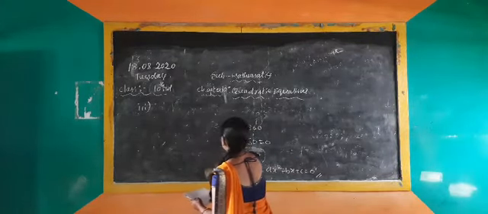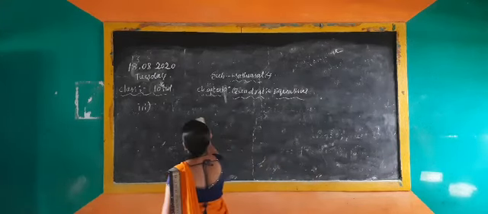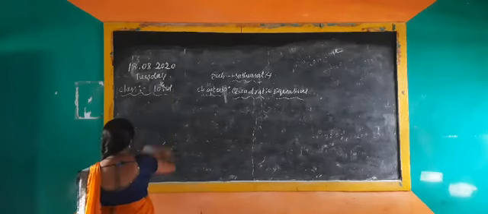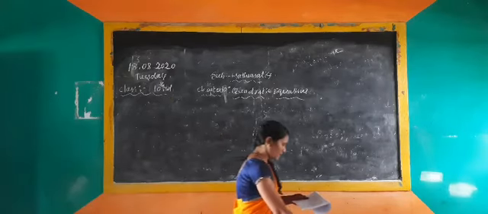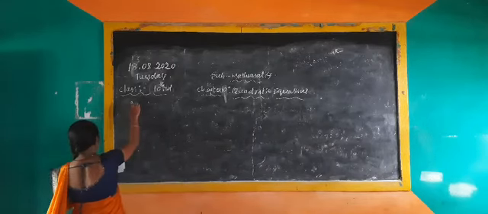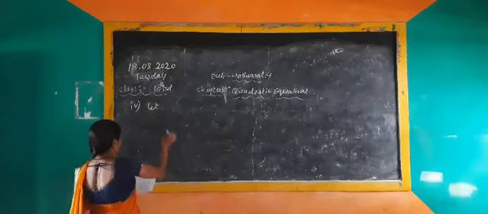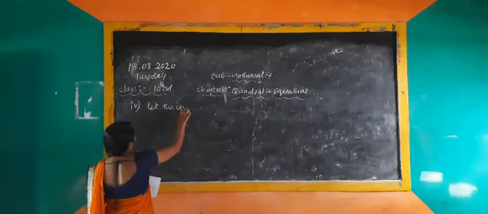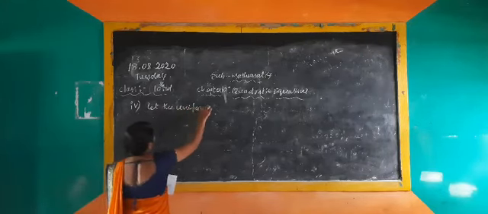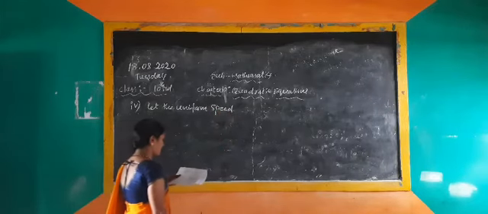Here you know the formula, speed is equal to distance by time. You learn this in physics. Take down: let the uniform speed of the train be x.